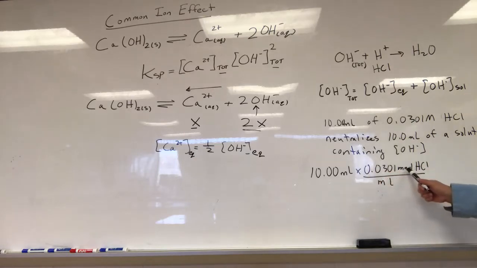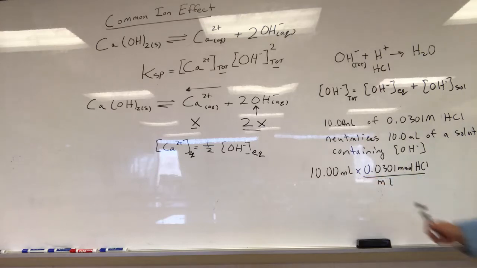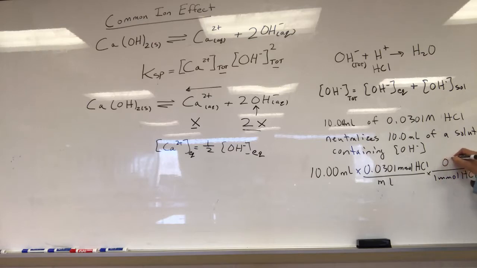The concentration can be expressed in millimoles per milliliter. That allows me to not have to switch out of milliliters. That's going to equal the concentration of the hydroxide ion that we're neutralizing, because it's a 1-to-1 reaction.